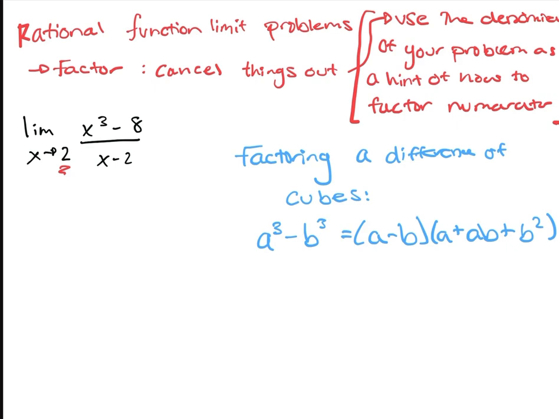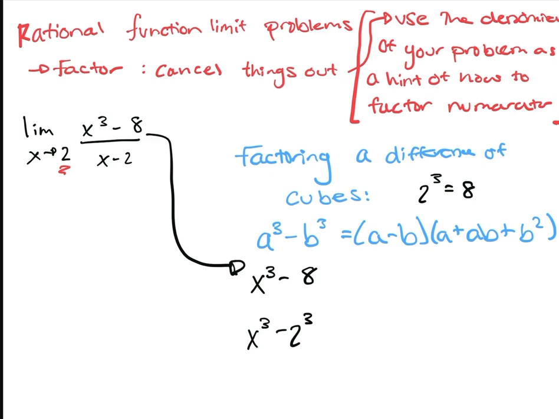Now looking at our numerator, because that's what we're going to use, we have x cubed minus 8. If you take 2 and you cube it, 2 cubed is equal to 8. So we can rewrite this as x cubed minus 2 cubed, where our a is equal to x and our b is equal to 2.